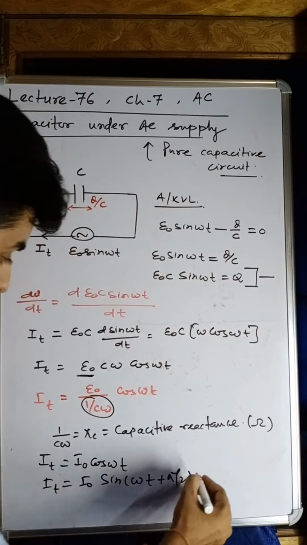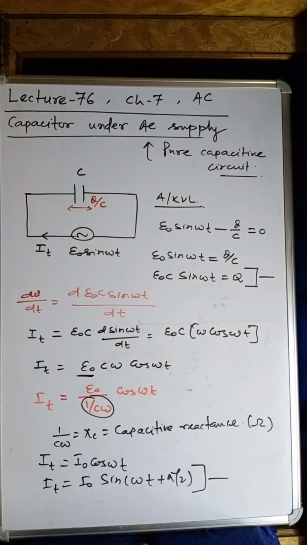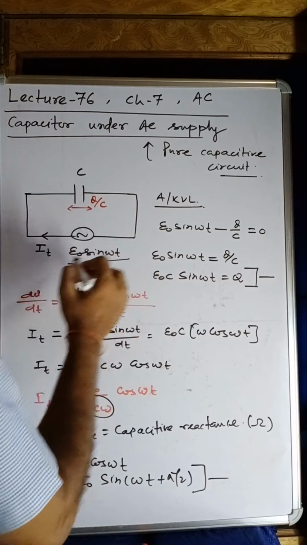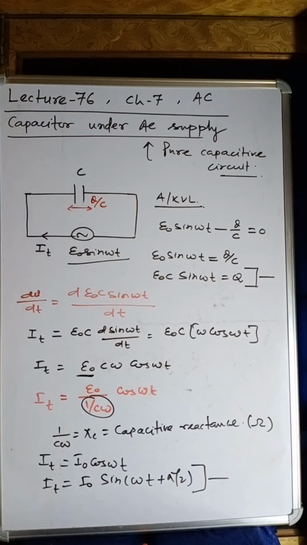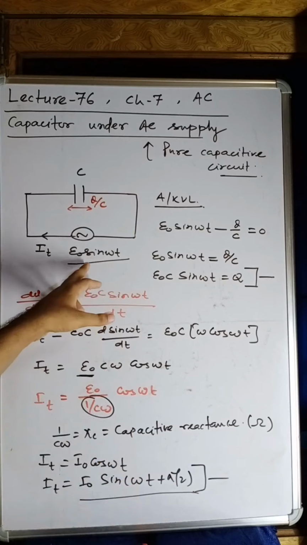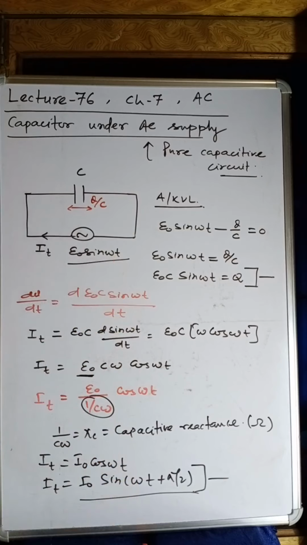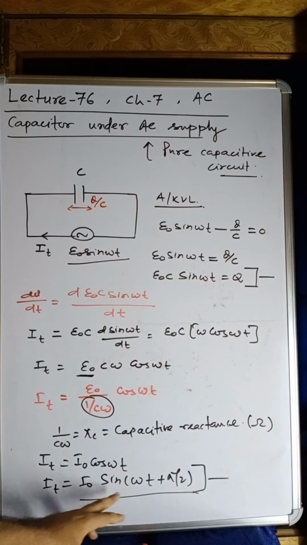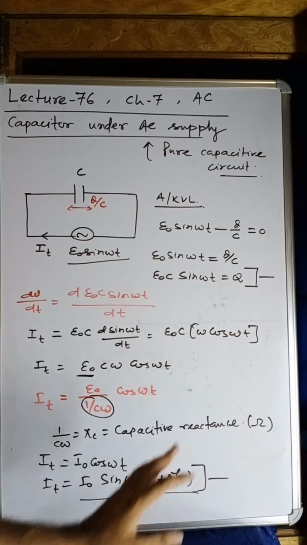I hope you understand. So we have voltage, E naught sine omega t. We have calculated the current, I naught sine omega t plus pi by 2. Now you can compare the phase. The phase of voltage is omega t, whereas the phase of current is omega t plus pi by 2.